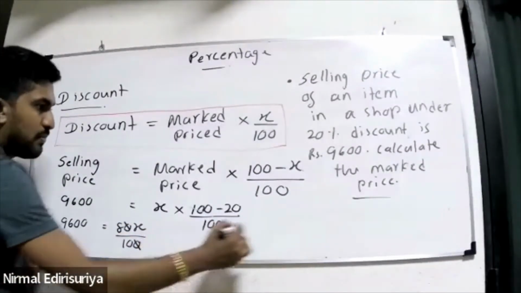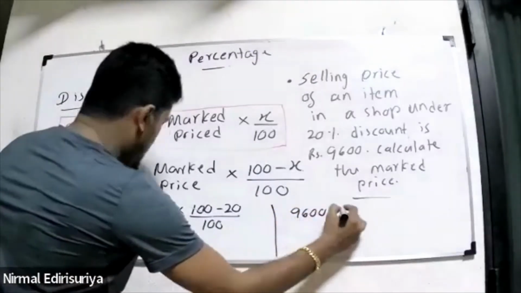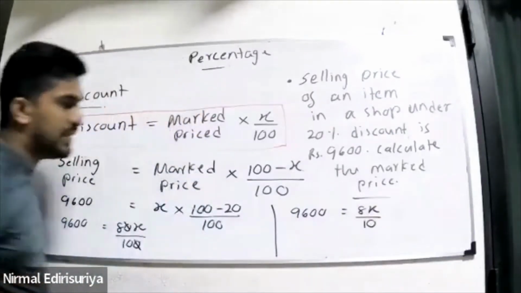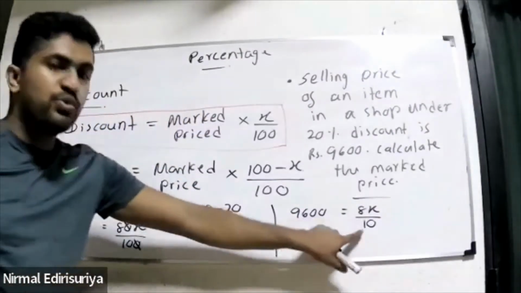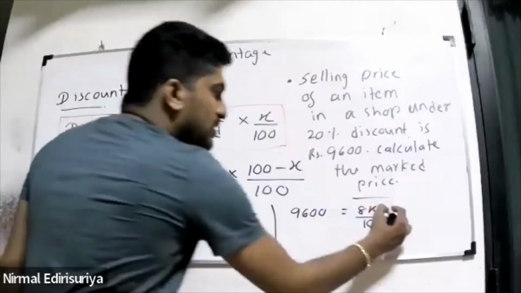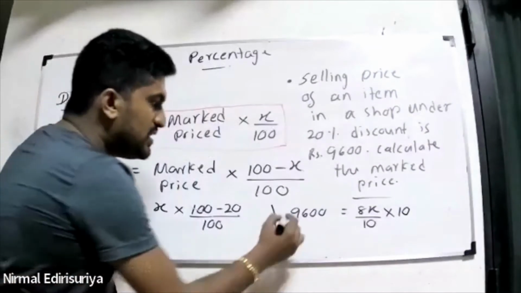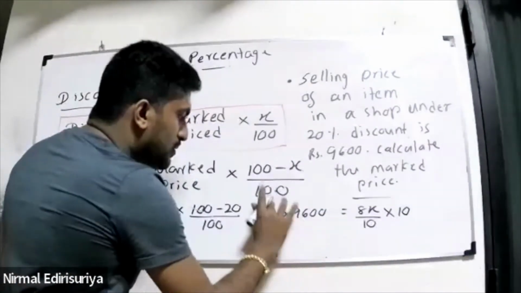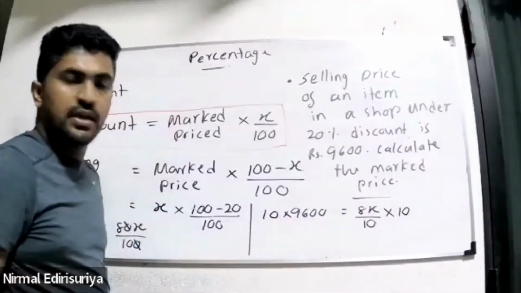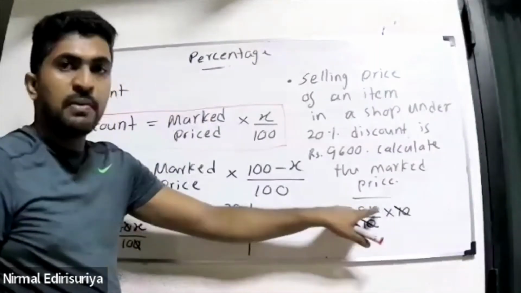Then you can have 9,600 equals 8x over 10. How to remove 10? 10 is divided, so you have to multiply. This side also you have to multiply. 10 to 10 cancel. 8 is multiplied with x.